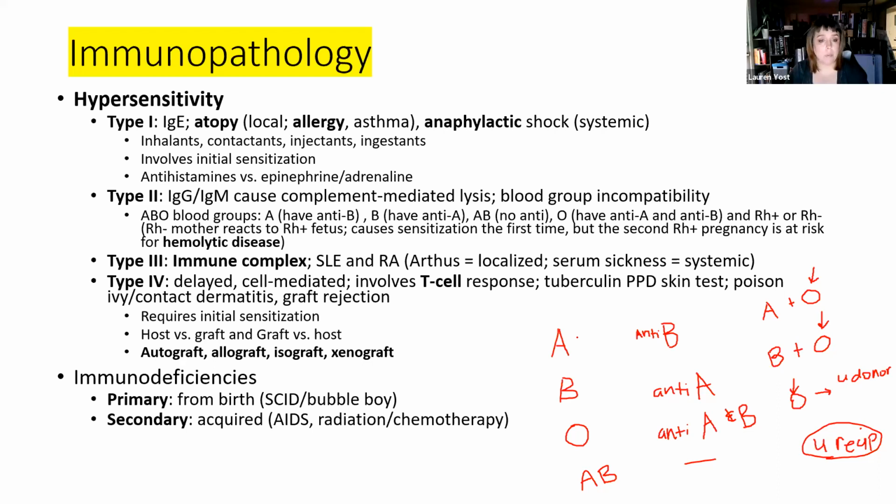So that would lead to massive destruction of red blood cells for the baby, and can often lead to death of the fetus that way. This still happens today. This is not an uncommon thing. And this is what RhoGAM helps with. RhoGAM helps prevent the mother's body from attacking the baby.